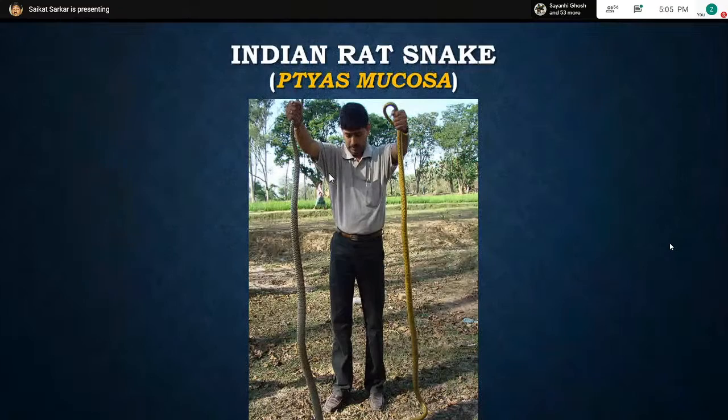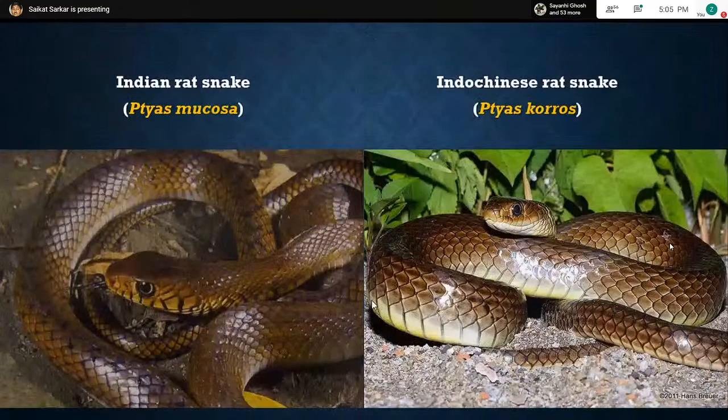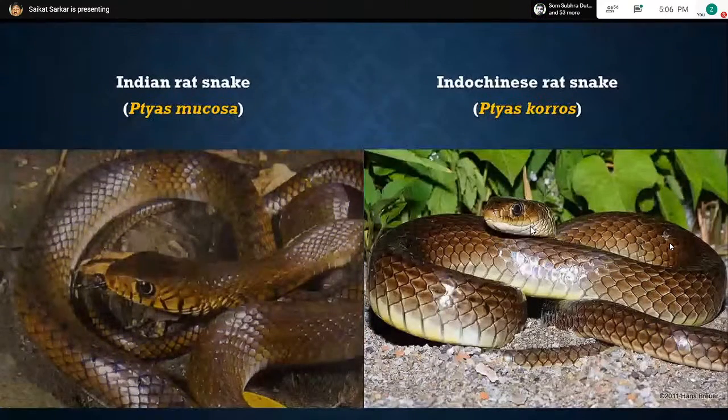Yes, and this is Ptyas mucosa, and this is Ptyas korros, the Indo-Chinese rat snake. This can be found in North Bengal. This is found only in North Bengal and Southeast Asian regions. That means up to North Bengal you can find it, not below North Bengal.